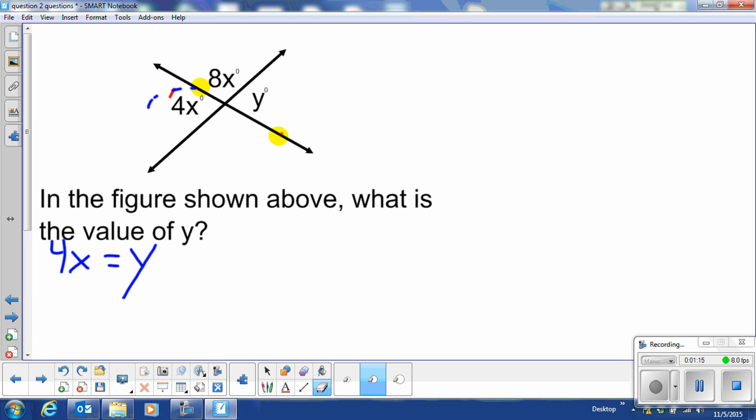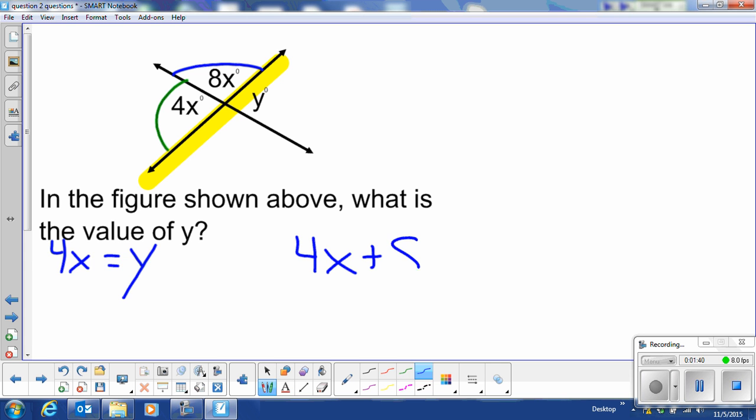Well, I also remember that when I have a straight line, such as this one here, the adjacent angles that form that straight line, like the angle 4x represents and the angle 8x represents, are called supplementary angles because they form a straight line, and that means they have to add together to equal 180 degrees. Because if you remember, straight lines equal 180 degrees. So now I have an equation: 4x plus 8x has to equal 180.